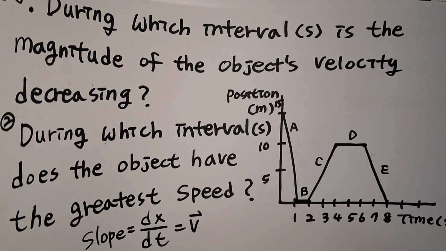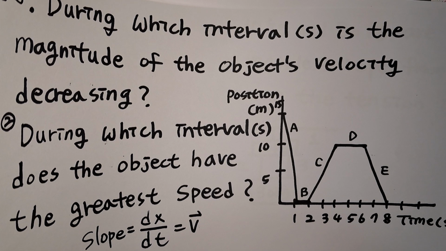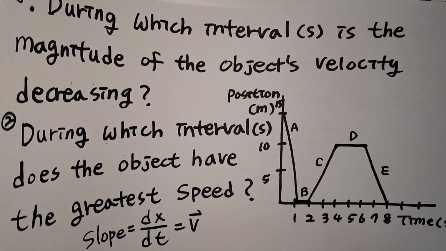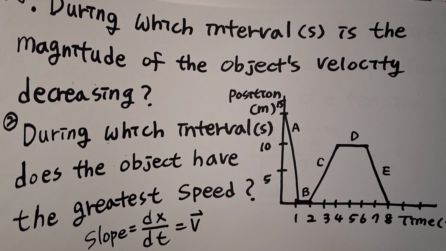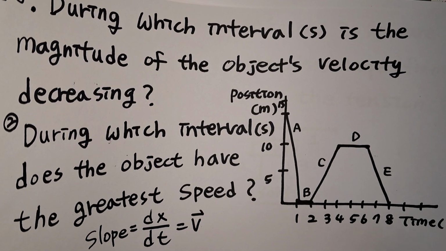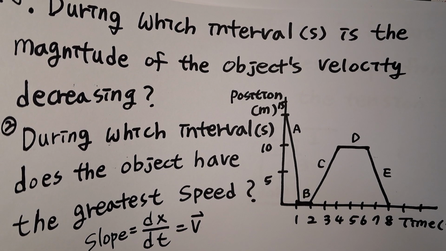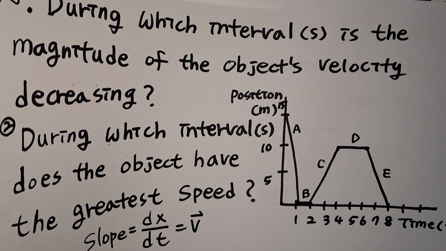In the intervals A and B, the velocity will be negative, but the value is not changing, namely not decreasing. The steepest slope is equal to the greatest speed.